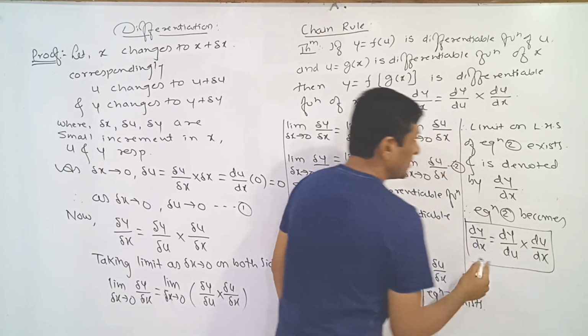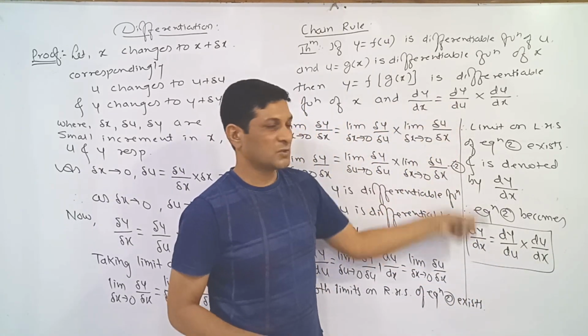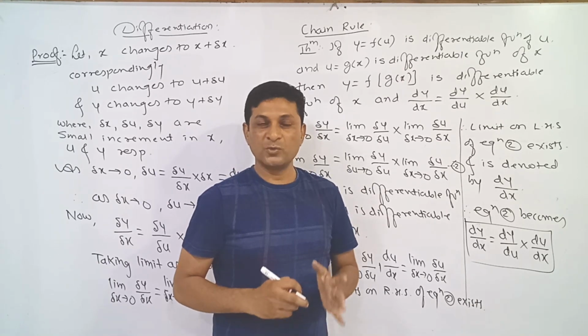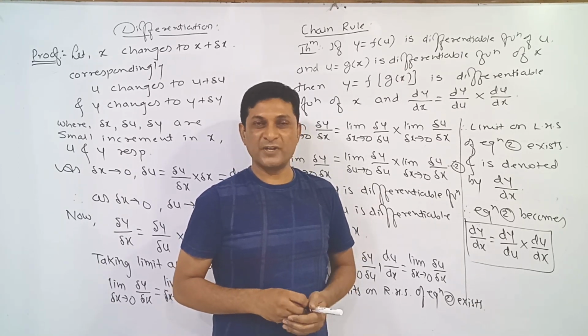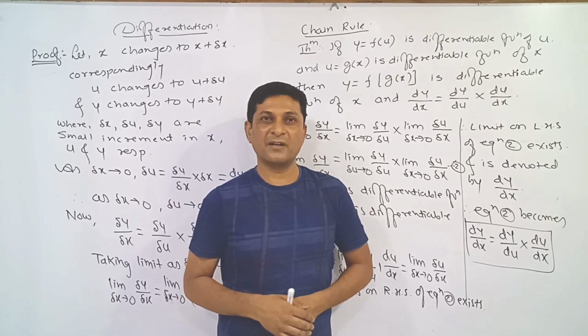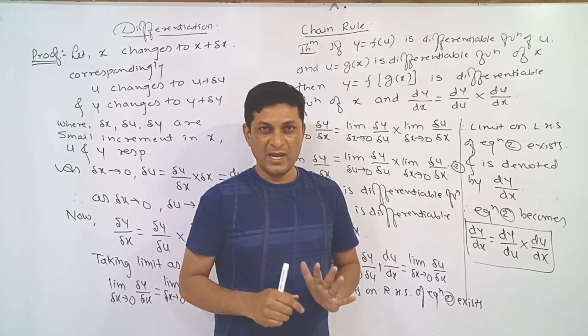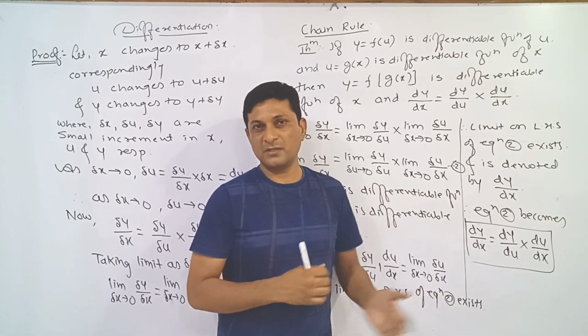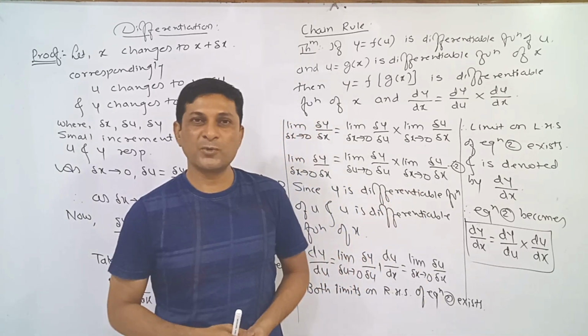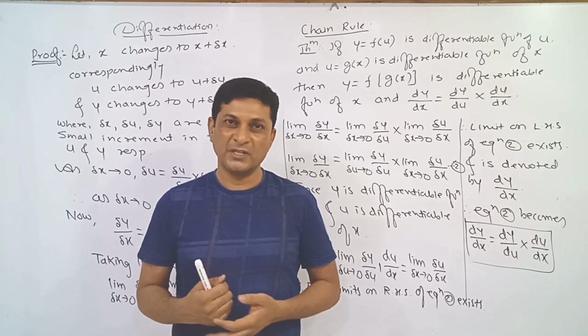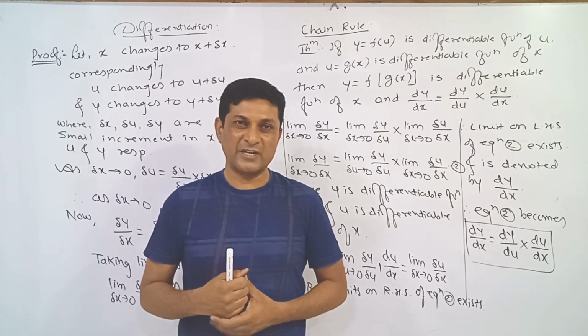And this is the result which we have to prove here, and this result is called the chain rule. This rule is applicable to find the differentiation of a composite function, where composite functions are called functions of a function. Applying this theorem, we are going to prove again some standard formulas to find the derivative of composite functions.